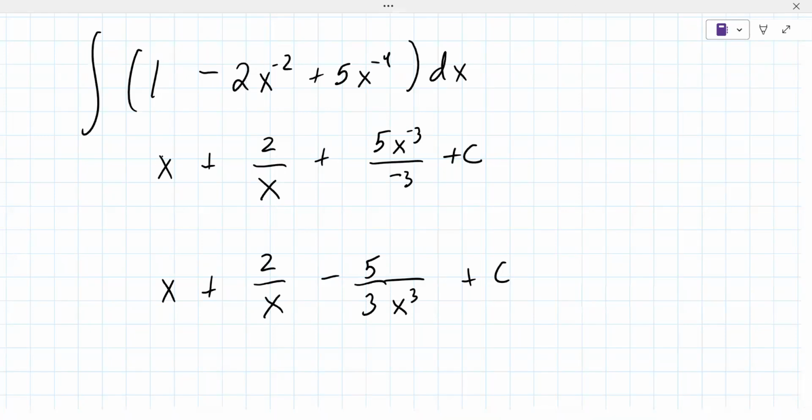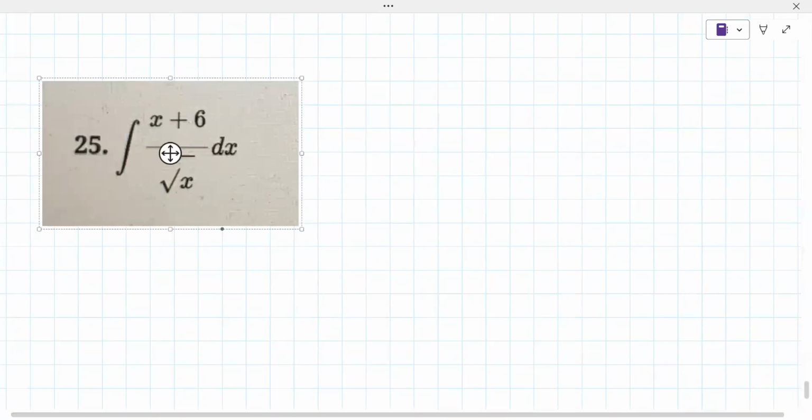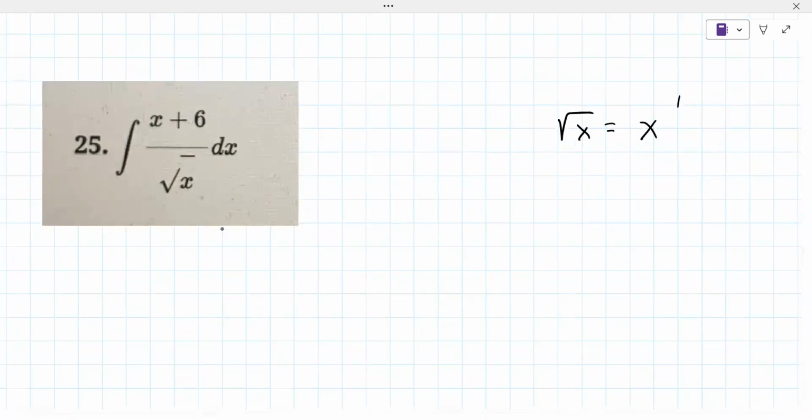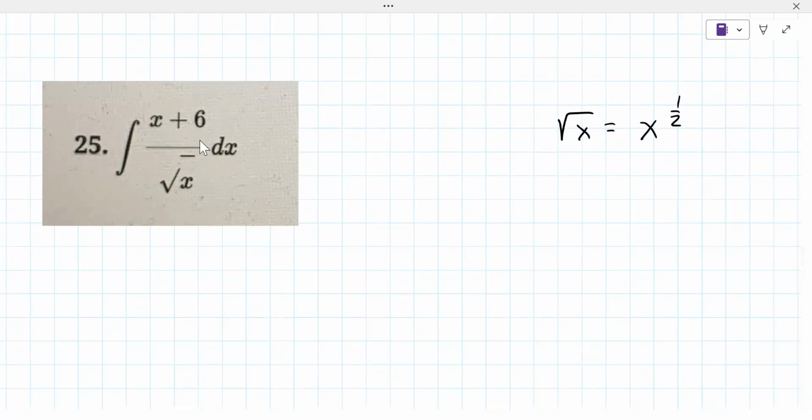Okay, so here's one for you to try a little more on your own. 25 here. As a reminder, the square root of x is really x to the 1/2. So you want to first divide each of these by x to the 1/2, modify your exponents, and then take your antiderivative. So go ahead and work that out. Just see where you're at.